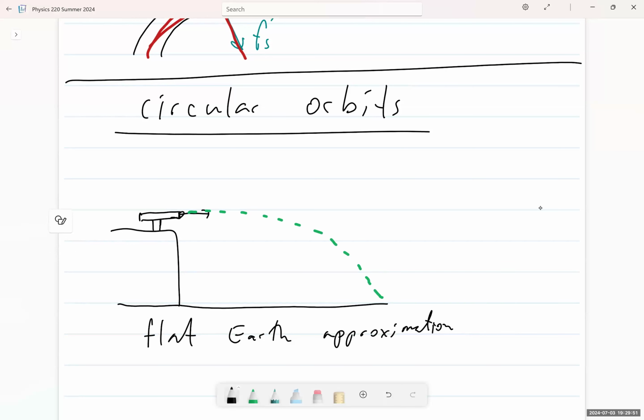At this time, we assume that there's always going to be acceleration straight down, and it doesn't matter where it is. The acceleration always will be straight down, because flat Earth means acceleration always points straight down. But obviously, this is for small altitudes, say 1 meter, 2 meters, 100 meters, 1,000 meters.